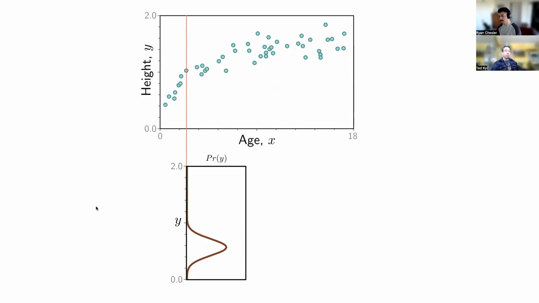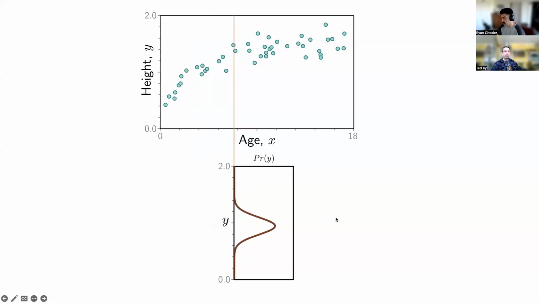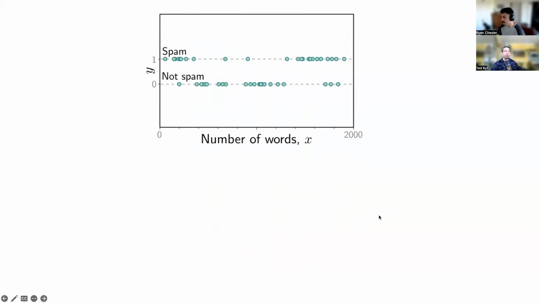If you look at 10-year-olds, not all 10-year-olds are the same height. There's all kinds of variation, and it can be a different range. There's some mean and there's some variance. So you can view it as a probability at every different age, and at different ages you have these different distributions.